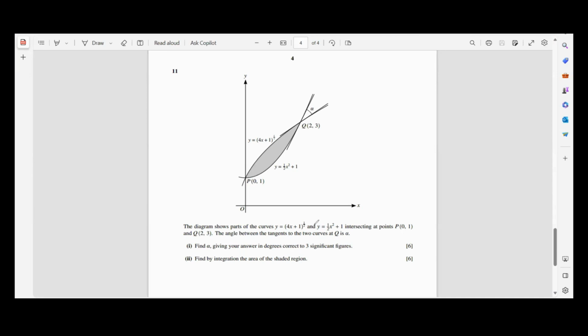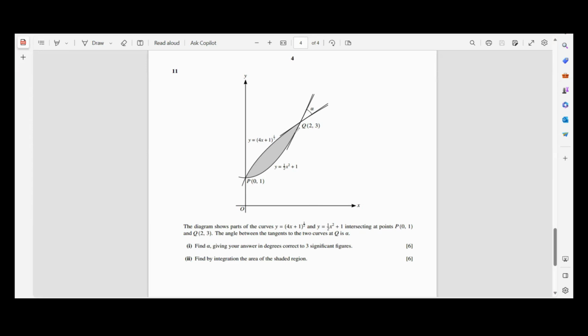Let's see. Okay, we have to find the gradient first, each of them.